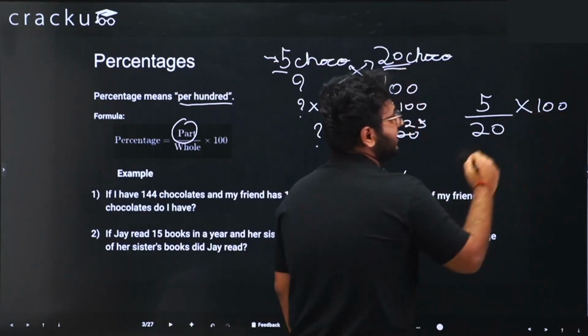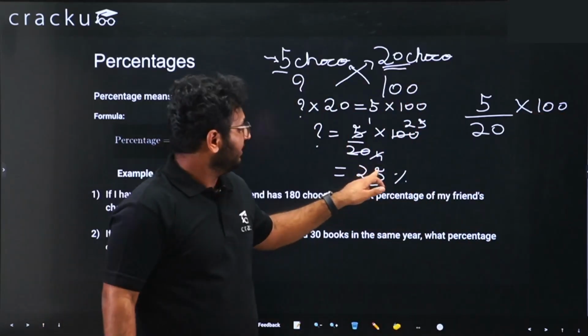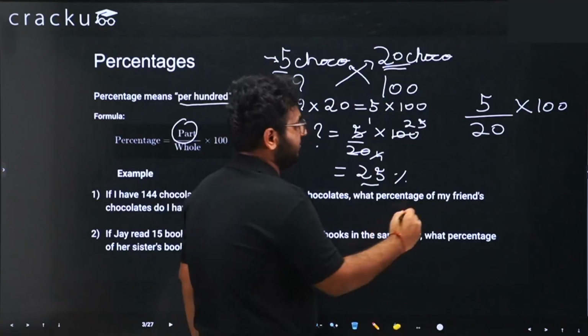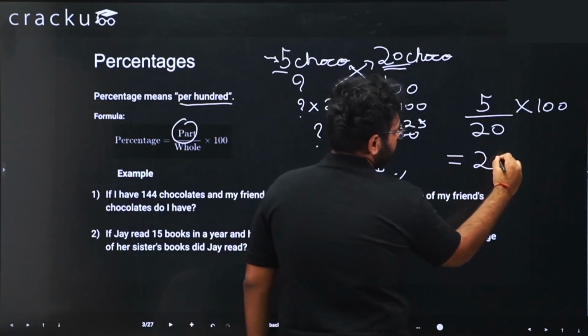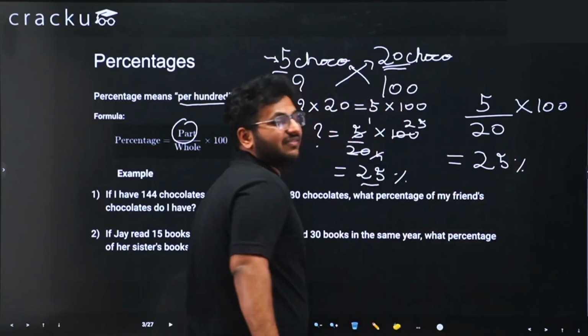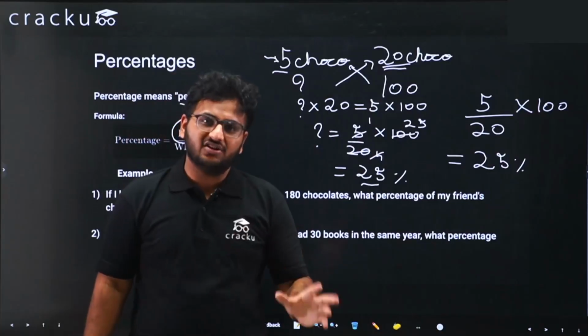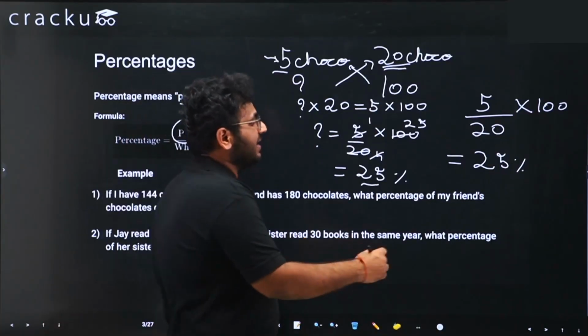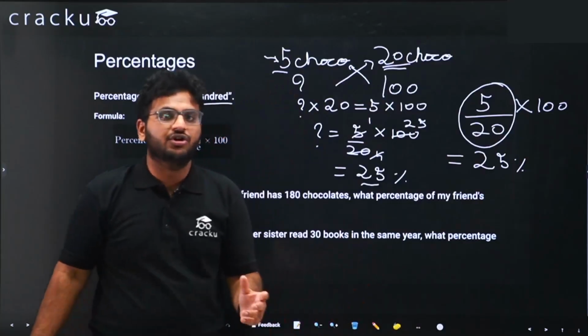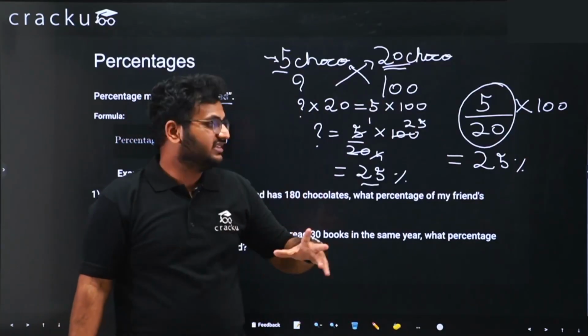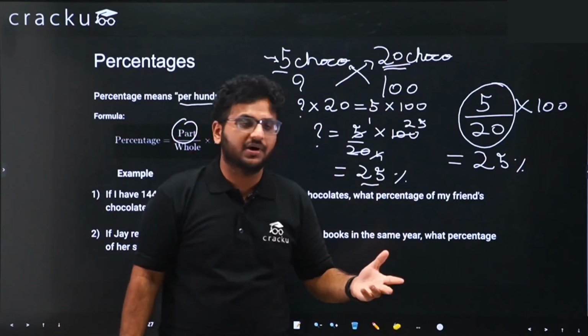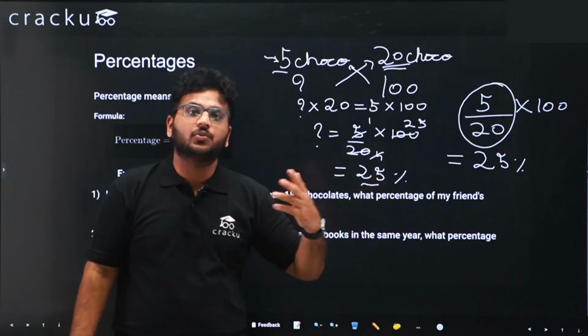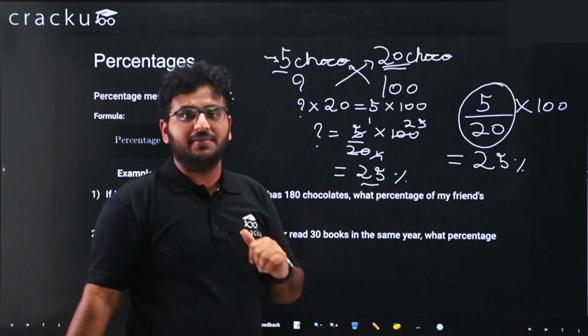We saw why we multiply by 100, and we get the same result, 25%. Why are we calculating percentage? To make our job easy. This 5 by 20 does not look good and is tedious, and it's hard to multiply with some other number also. So we take out the percentage. Let us look at some examples.